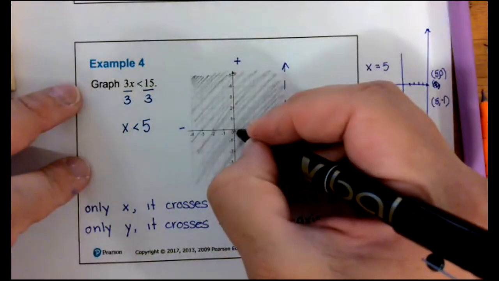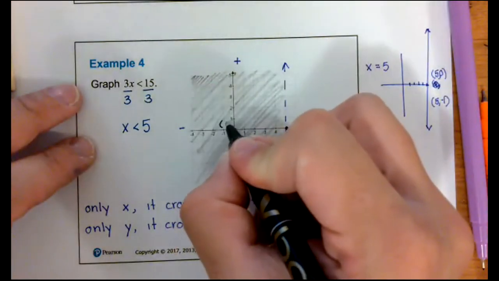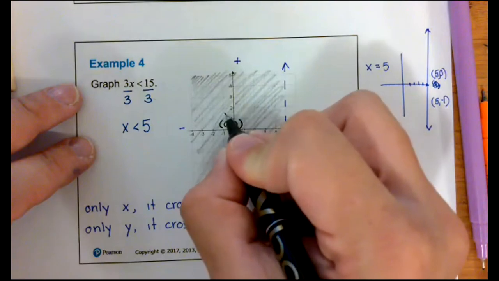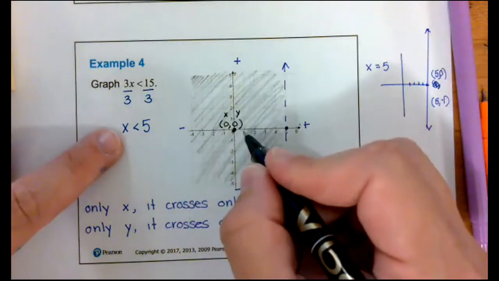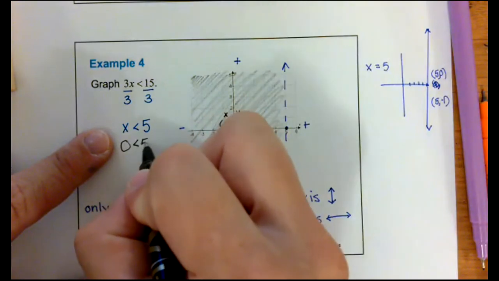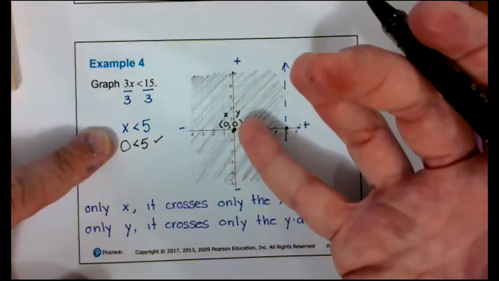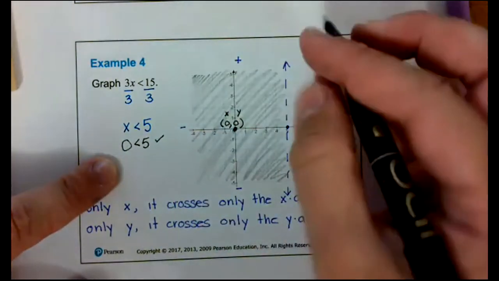And we can test it if you want. So here is the point 0, 0. x is 0, y is 0. I'm going to substitute it in. 0 is less than 5. True. There is no place for y value, but that's okay. It's still true, right?